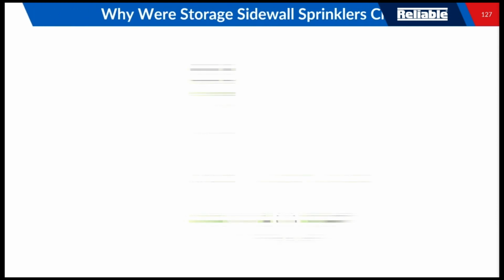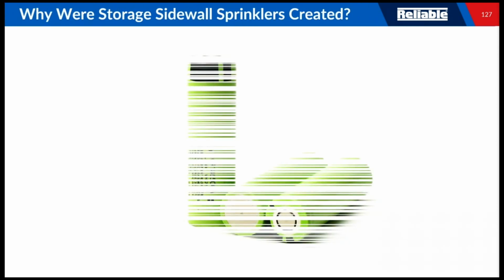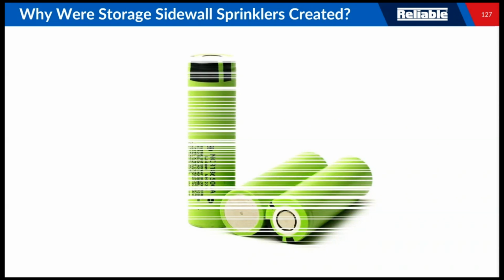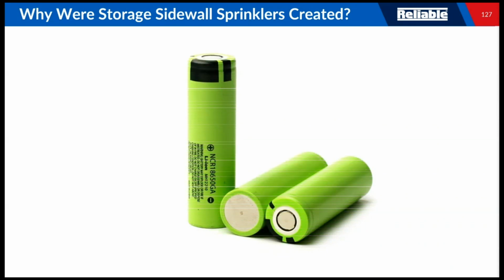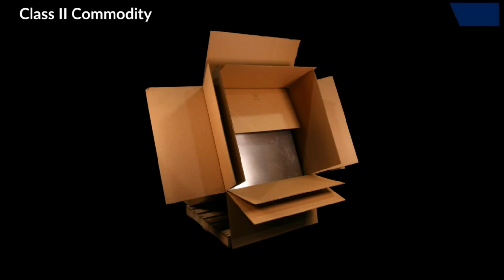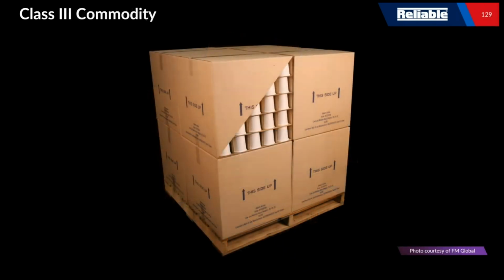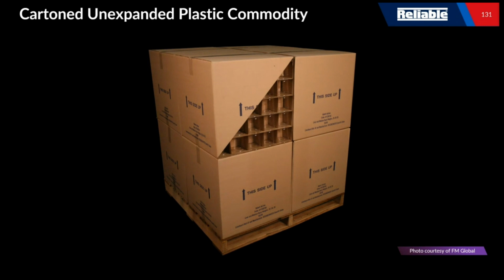And why would we create this product? I mentioned before, it has to do with batteries, specifically solving the problem of lithium-ion batteries in a formation area. If we go to any of the laboratories, UL or FM, we run a test for storage. We have to pick the storage commodity to put in the racks, and they're all standardized. They look exactly like these examples on your screen.